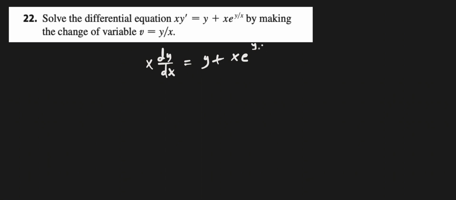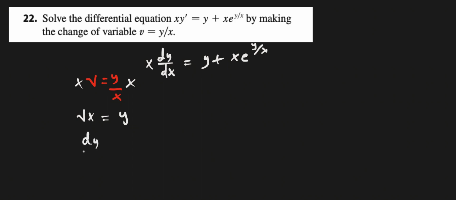Let me make this much neater here. So y over x. Now we can substitute v to equal y over x, so that will just change this. Now the other thing we want to see here is if we multiply by x, vx is equal to y.